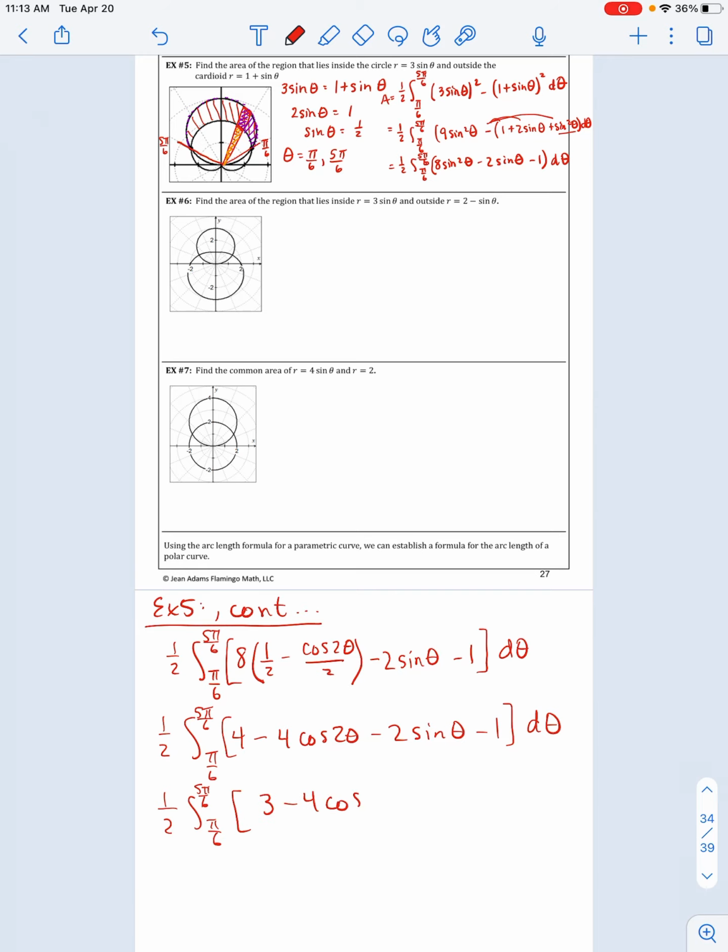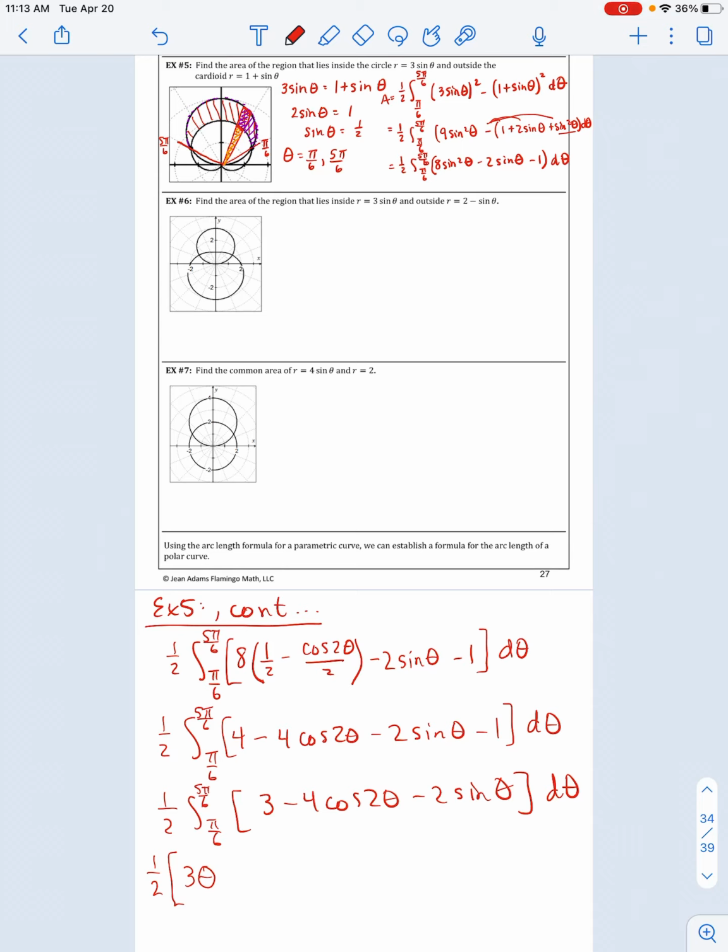They're like terms, giving us 3 minus 4 cosine 2 theta minus 2 sine theta d theta. And so now we can go ahead and integrate.